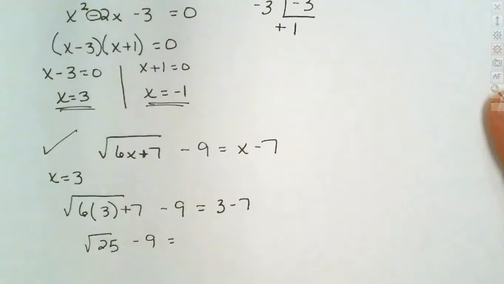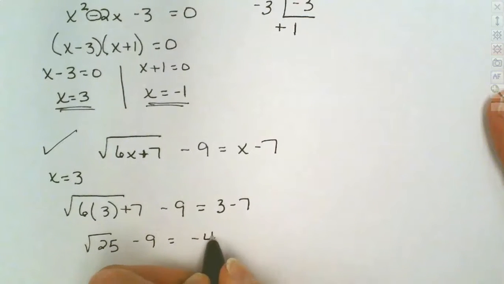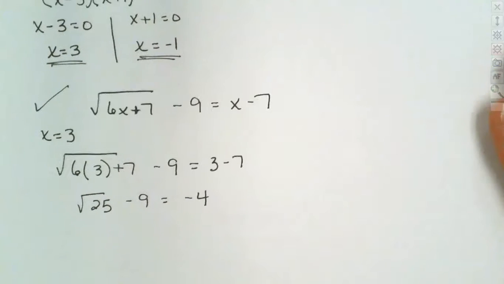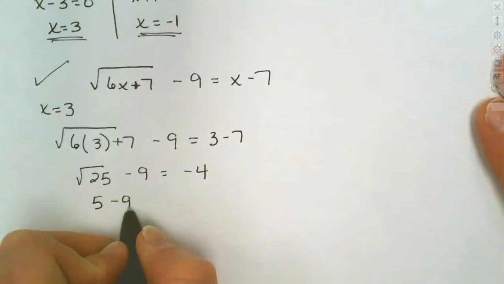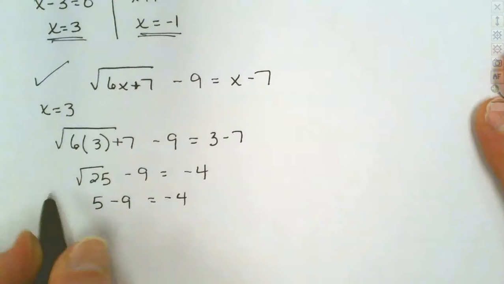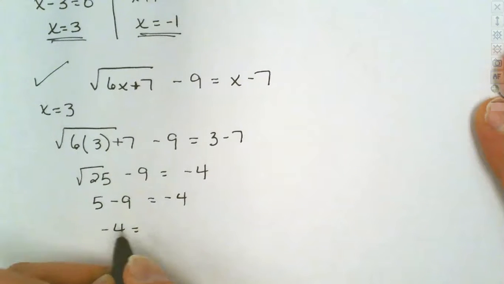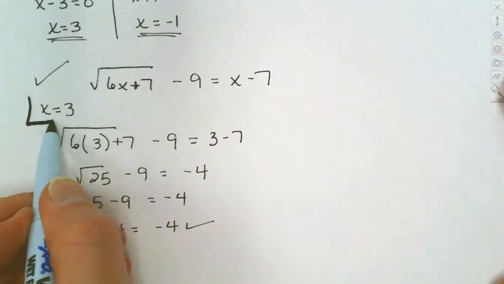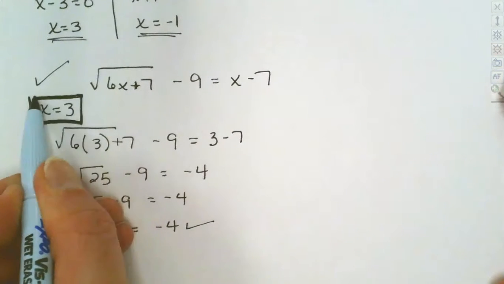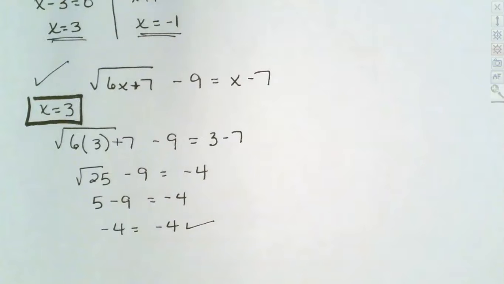And 3 minus 7, well, that's a minus 4. What do we know about the square root of 25? That's a 5. And then that leaves it with a minus 4 equaling a minus 4. So it does, in fact, work. So that one does check out and work.